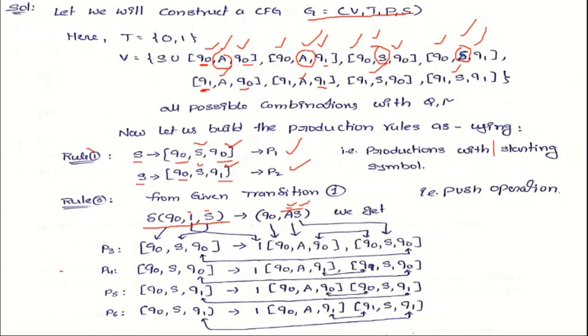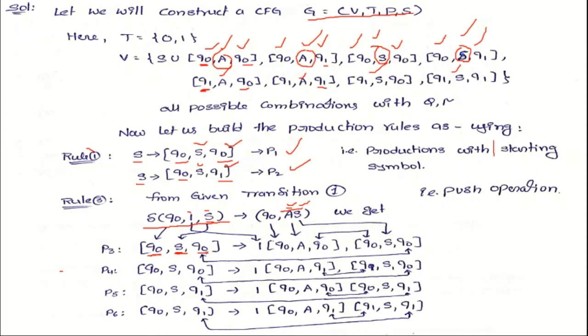For that purpose, there is a simple mechanism. From the given transition, we take the current state, and the top of the stack. Then whatever the next state, here the next state may be any of the states of the given PDA.